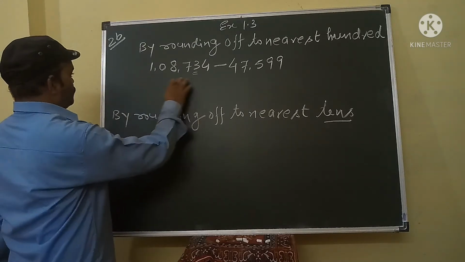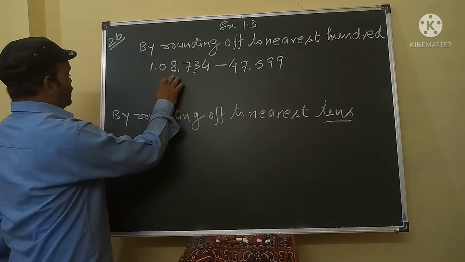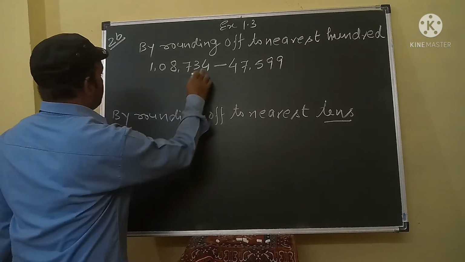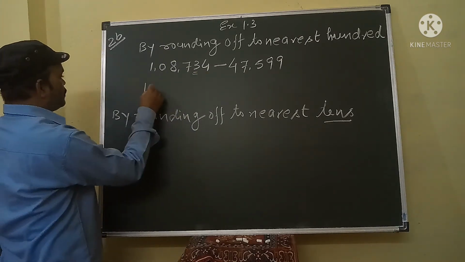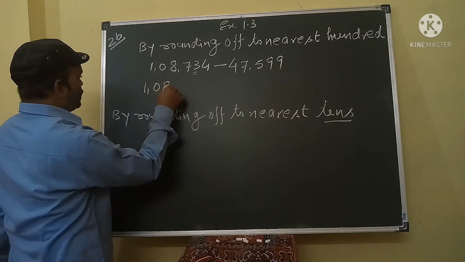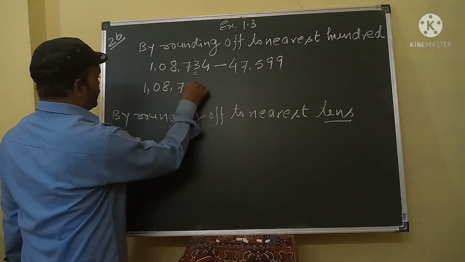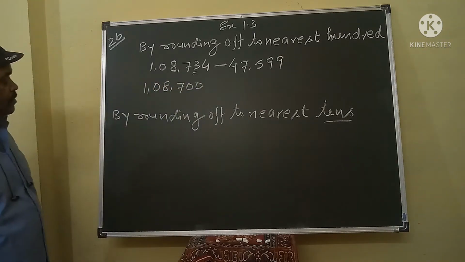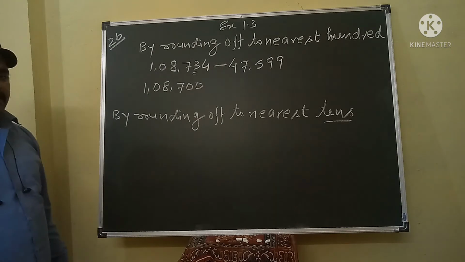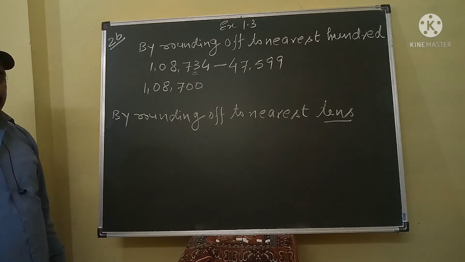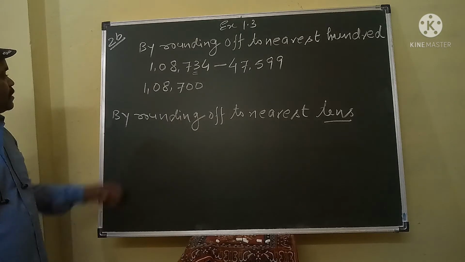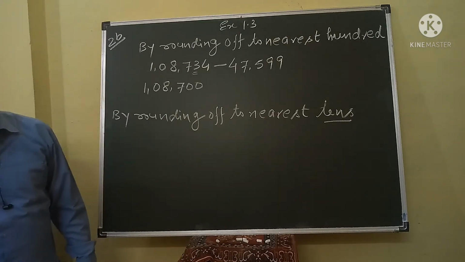So rounding off 1,08,734 will be 1,08,700.